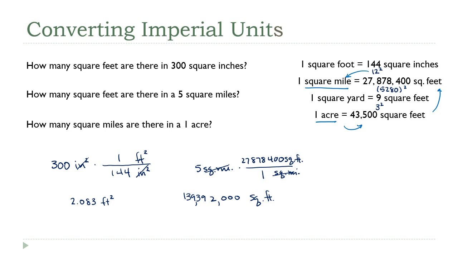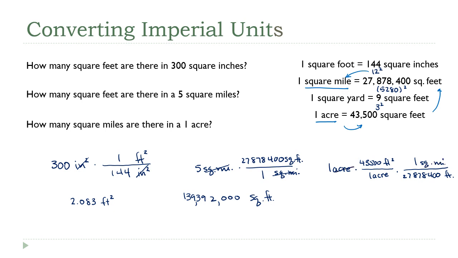All right, so let's write this out. I've got 1 acre, and that is 43,500 square feet. And now I want to get rid of the square feet, so the big number is going to go on the bottom. 27,878,400 square feet, and that is 1 square mile.